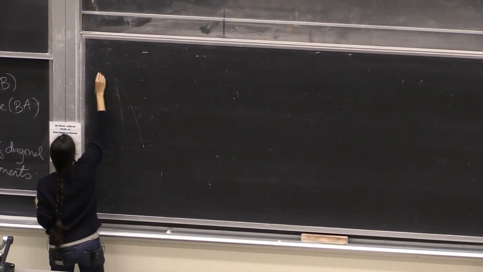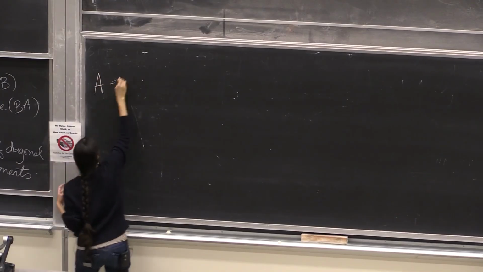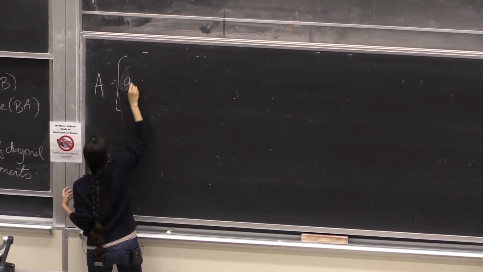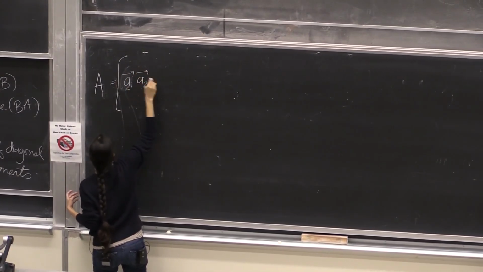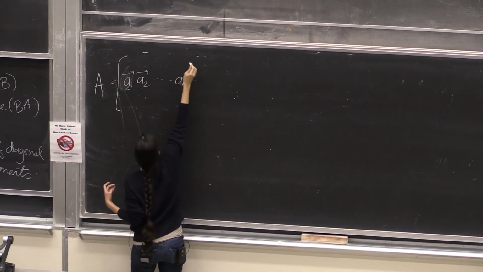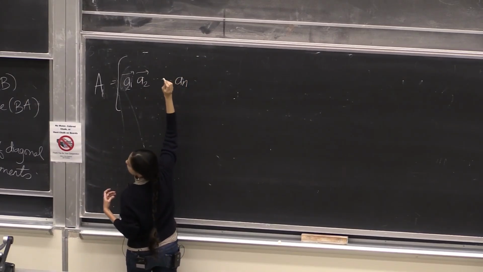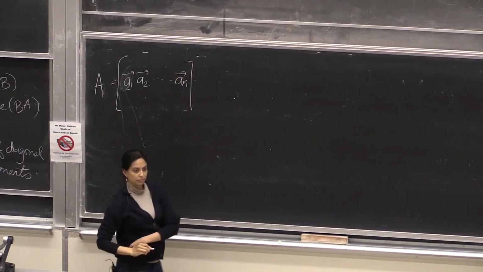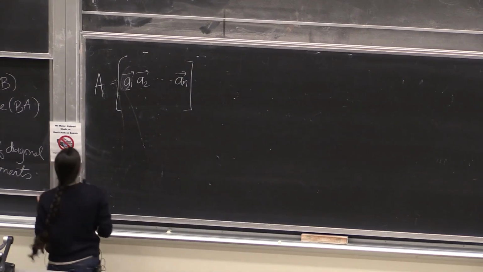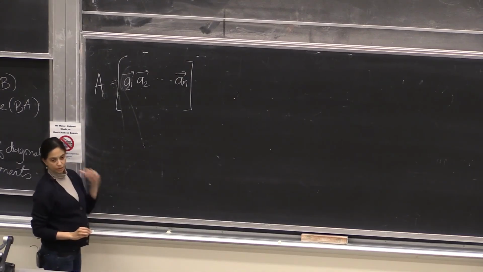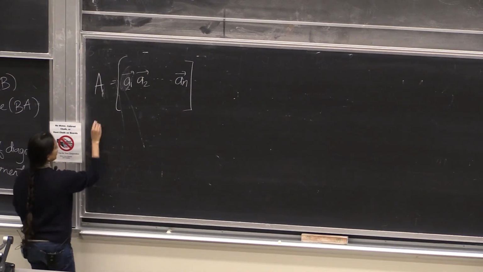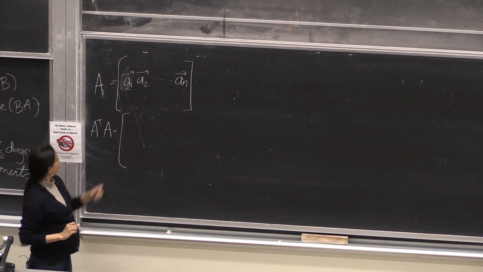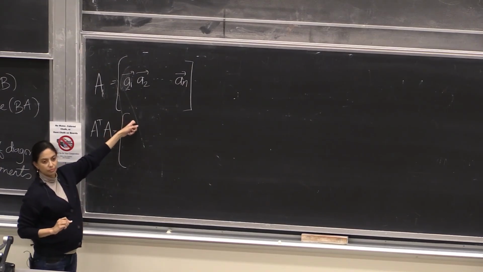Let me think of my matrix A, and then A transpose is basically the transpose of this. So when I think about A transpose A, what is the first entry of A transpose A?